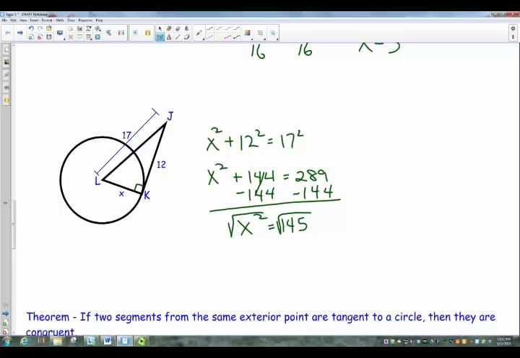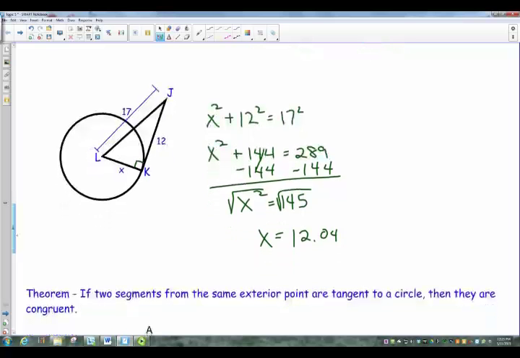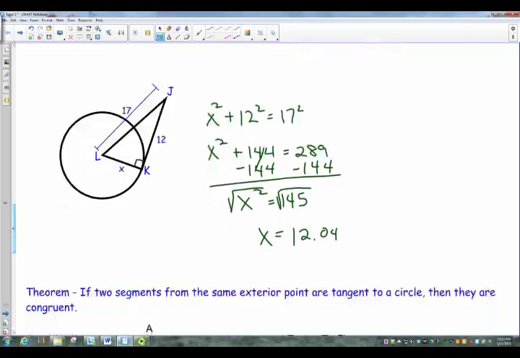And when you take the square root of 145, you end up with an x value of 12.04, and there's your solution. All right, and that is the side length that makes this a tangent line. Hopefully that makes some sense.